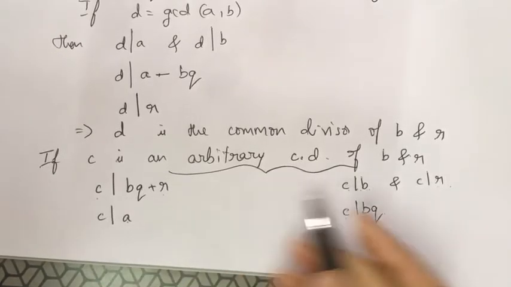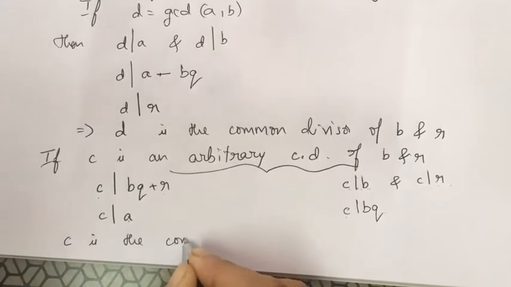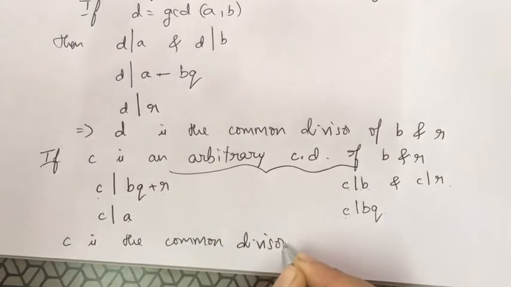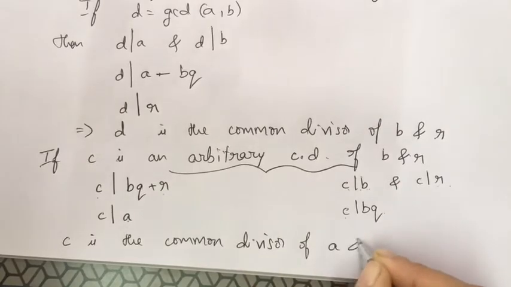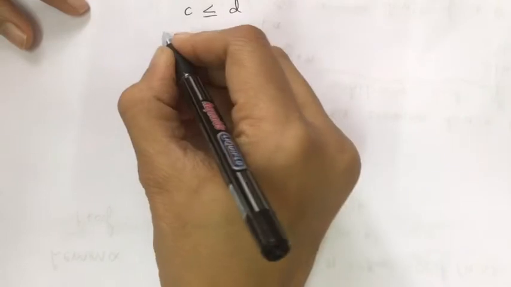Therefore, C is a common divisor of A and B. Then D is also a common divisor, and I have taken D as the GCD of A and B. Therefore, this C must be less than or equal to D, right?